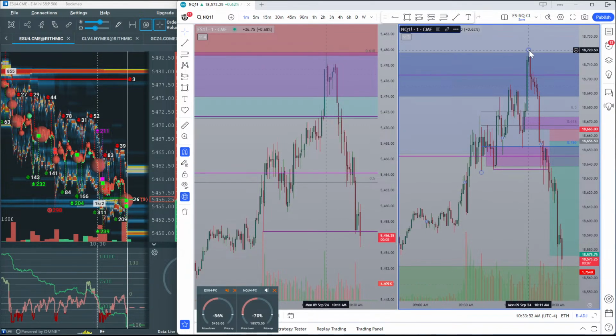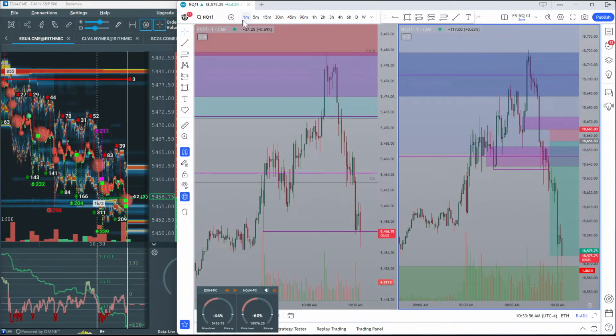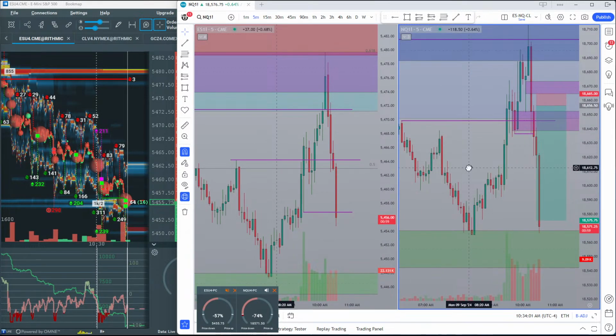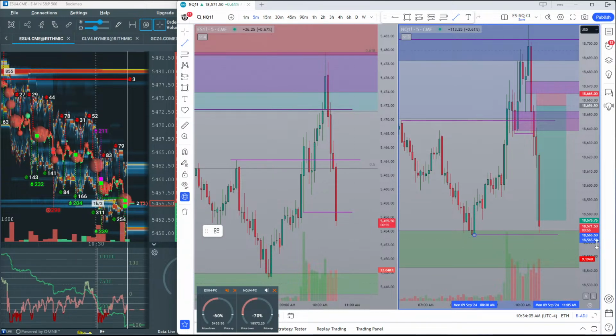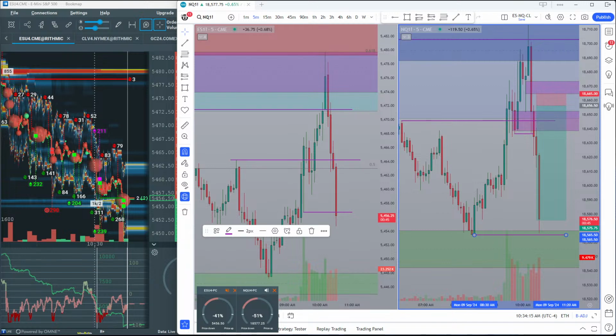Wow, what a move lower. I do feel we're going to find some support over here. Could sweep this low first. But sellers are still pretty strong. So I said I need more screens.